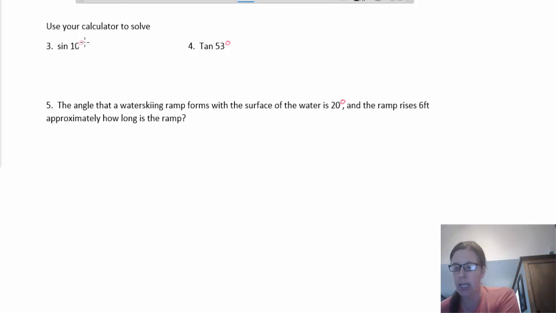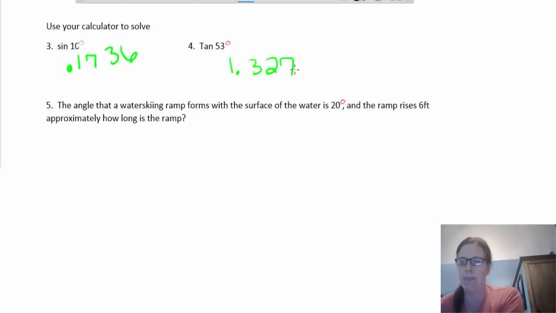So you're going to just hit the sine button, and then you put 10, and you should end up with 0.1736. If you don't get that, then check your mode. The other one, you would just hit tangent 53, and you should get 1.327. All right, and that's it. You're just putting those in your calculator.